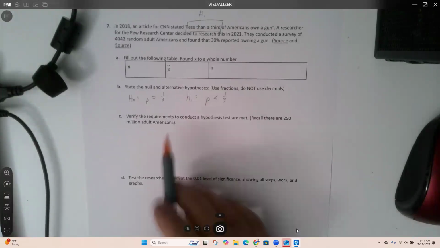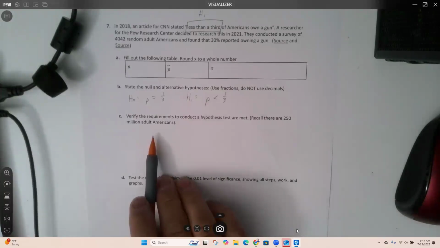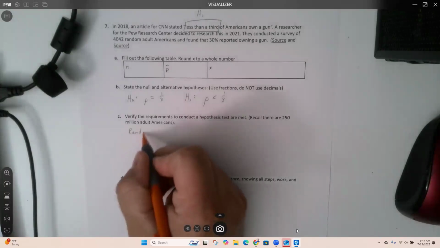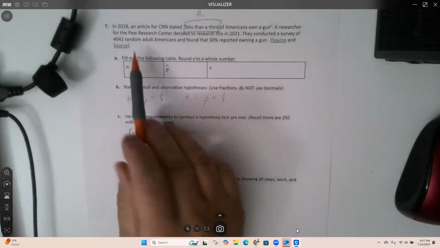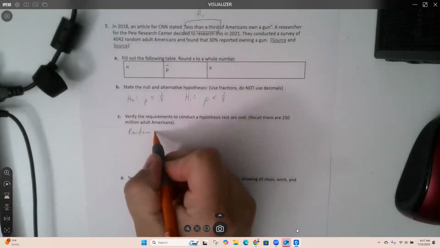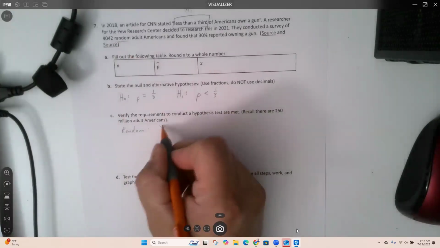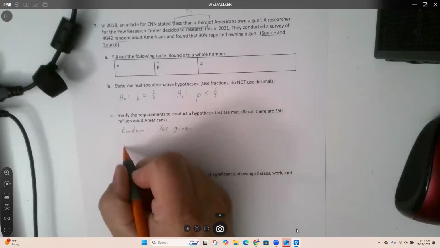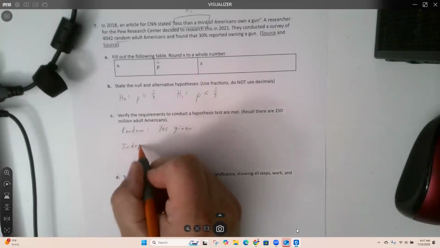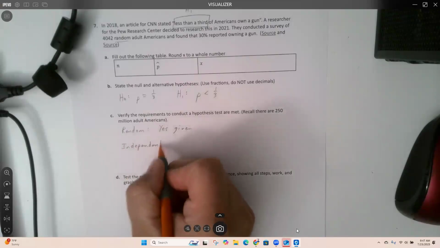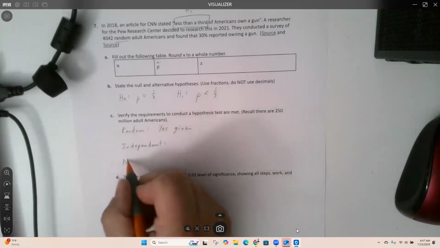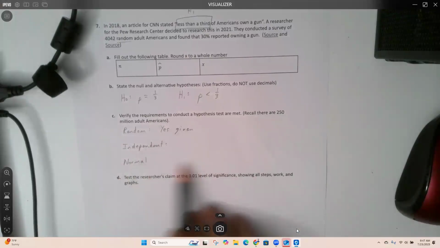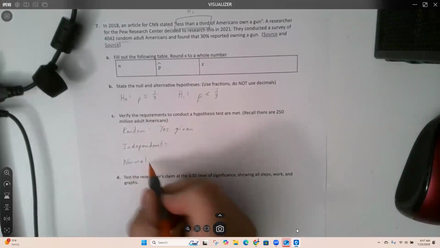All right. So for this part, same thing. We're going to check random. Did we say random? Yeah, we did. So right here, random. We want to make sure it's independent. That one's usually no problem. Normal. Did we sample a big enough sample size?